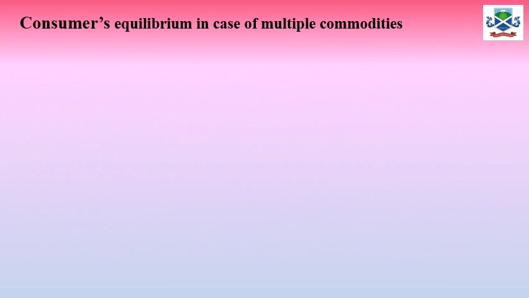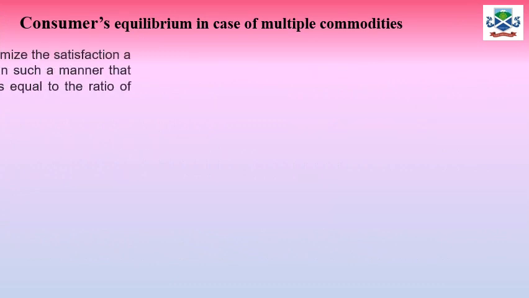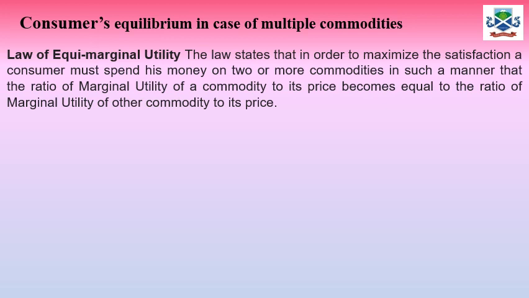Consumer equilibrium in case of multiple commodities. Over here, the law of equi-marginal utility is applied. This law states that in order to maximize satisfaction, a consumer must spend his money on two or more commodities in such a manner that the ratio of marginal utility of a commodity to its price becomes equal to the ratio of marginal utility of the other commodity to its price.